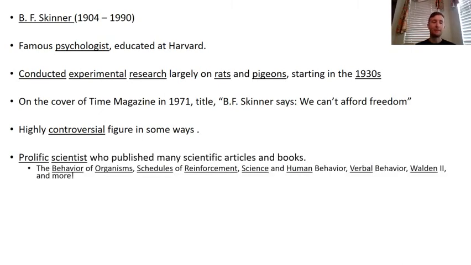In general, Skinner argued that there's no such thing as freedom, or no such thing as free will.